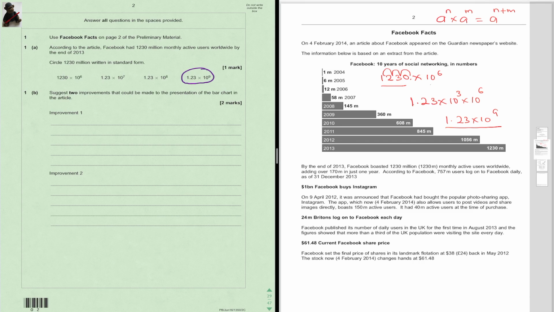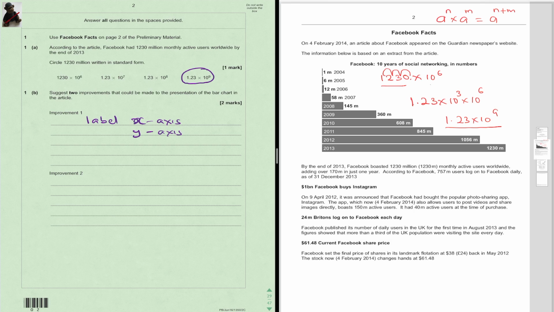Well, on the axis, there weren't any labels, so we could label the horizontal axis and the vertical axis. So we could label the x-axis and the y-axis, because there weren't any form of labeling there.